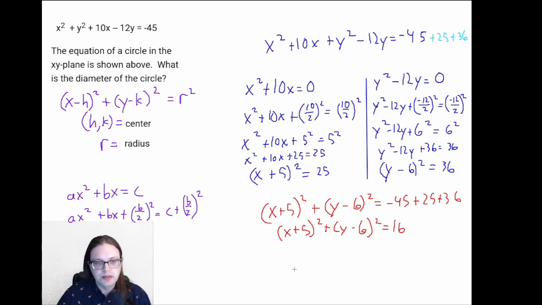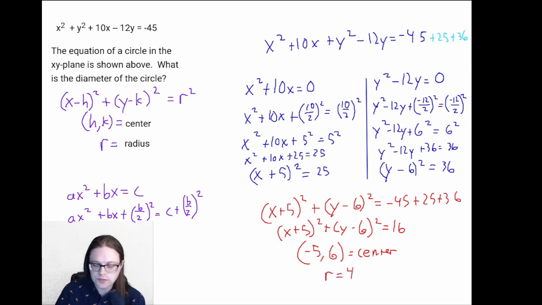So if we think back to our original formula, our center point is going to be negative 5, positive 6. That's going to equal our center. And then our radius is going to be 4.